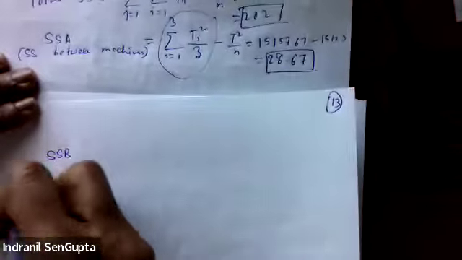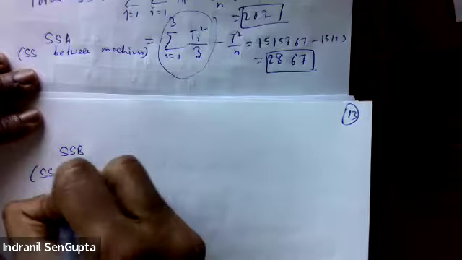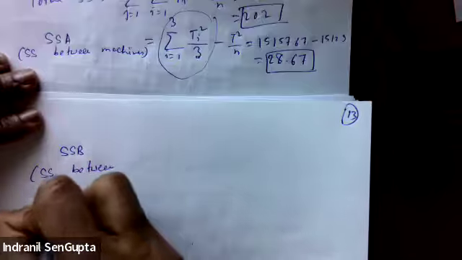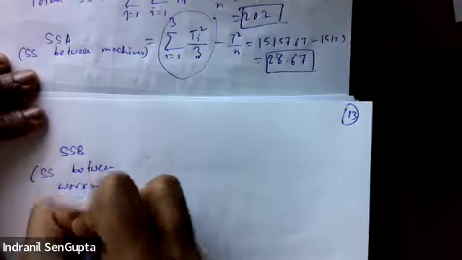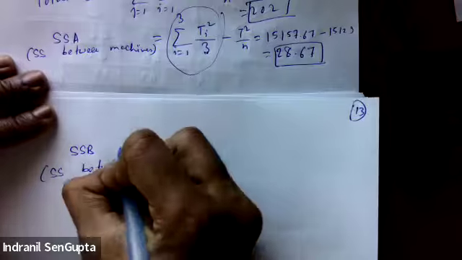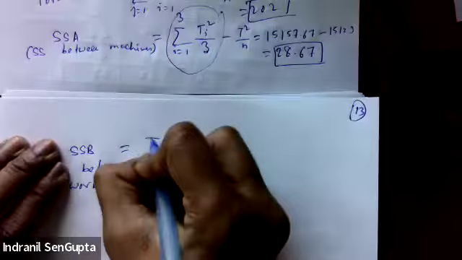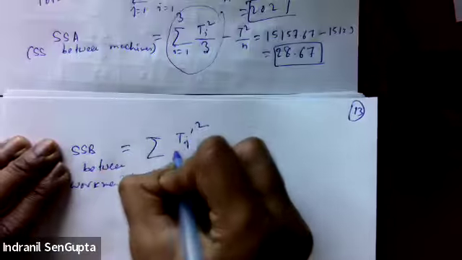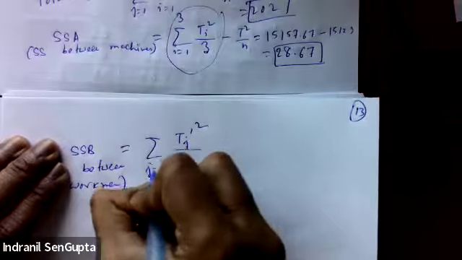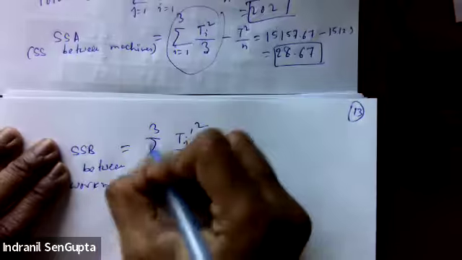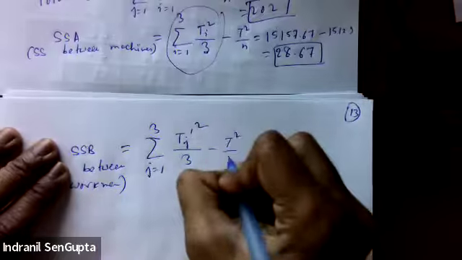Let's move on and compute SSB. This is the SS between the workmen, which is given by summation Tj prime squared over 3, with j from 1 to 3. Here a is 3 and b is also 3, minus T squared over n.